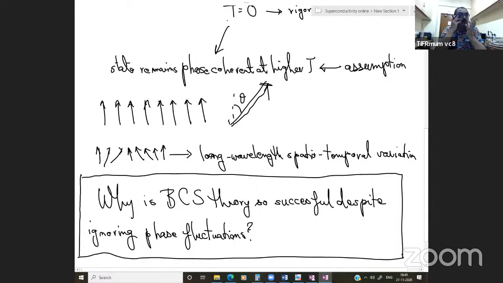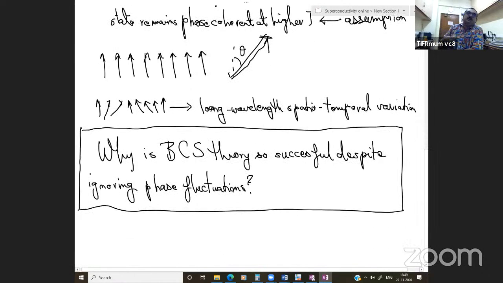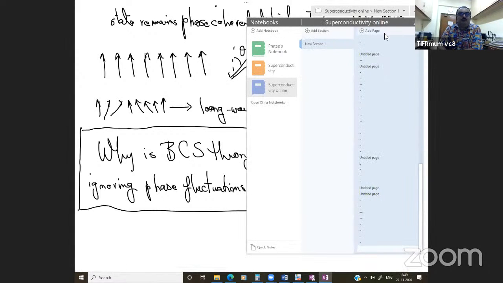Even then, why is it that you can get away by neglecting it? So this is the first question that we will ask. And as you will see as we get along, you can get away sometimes, but you cannot always get away by ignoring the phase.